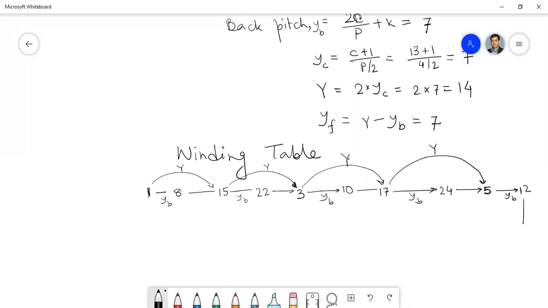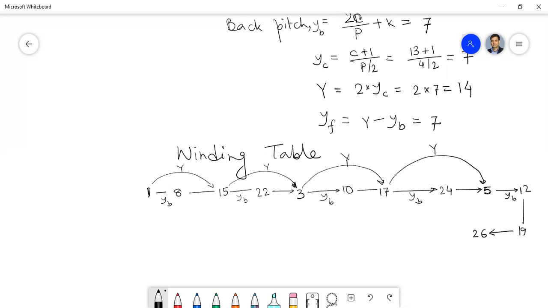Yes, sir, 19. And the next one? Sir, then 19 plus 7, 26. Why are you saying this is 19? Can you explain? Sir, because 5 plus capital Y, 19.